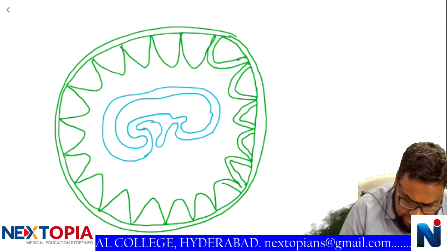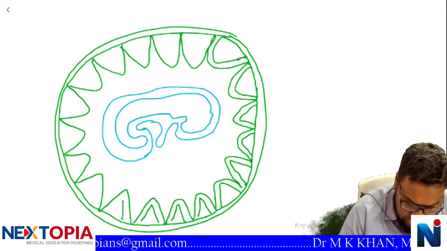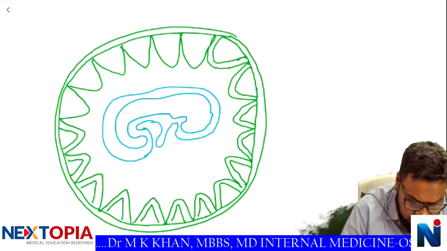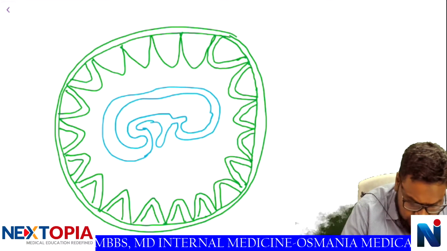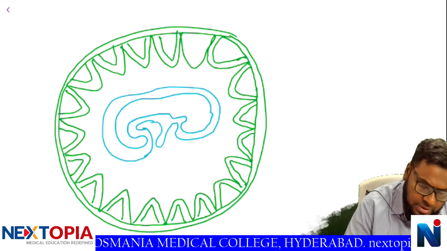The green colored layer that we are drawing here is the cytotrophoblast, which in turn is surrounded by syncytiotrophoblast, which in turn consists of lacunae. The small lacunae are now surrounded by the cytotrophoblast.